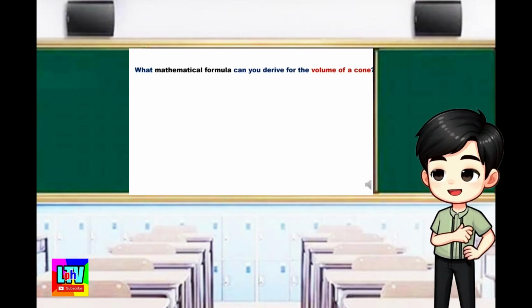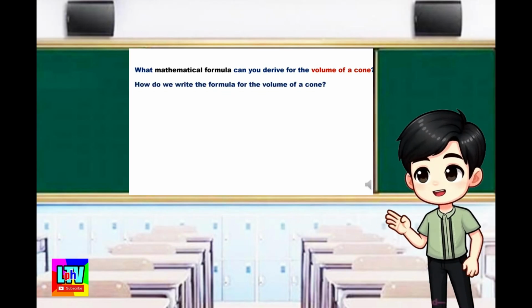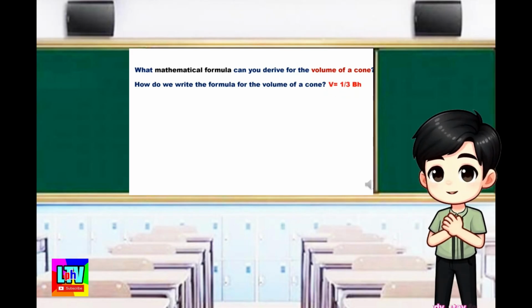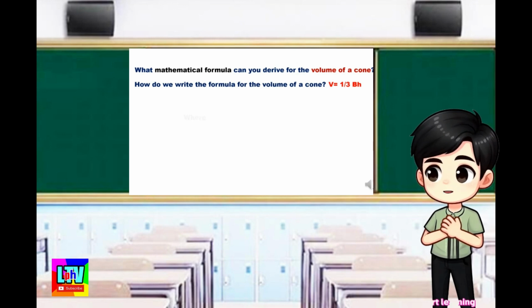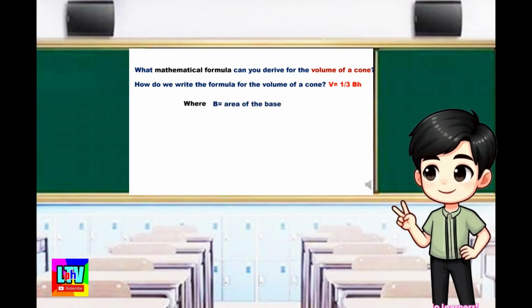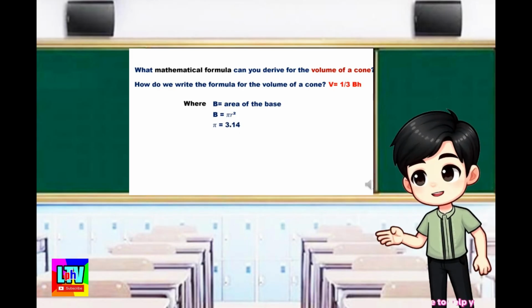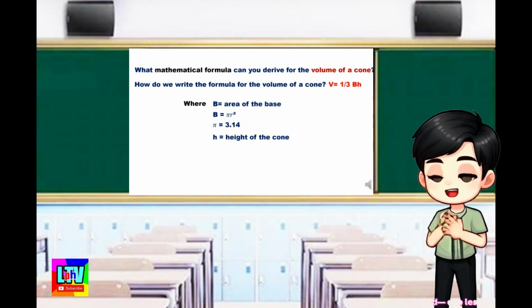What mathematical formula can you derive for the volume of a cone? How do we write the formula for the volume of a cone? Volume equals 1/3 BH, where B equals area of the base, B equals pi r squared, and pi is 3.14, and H is the height of the cone.